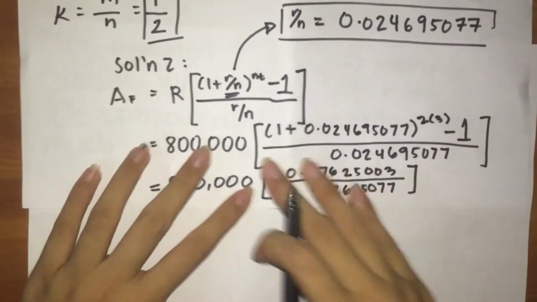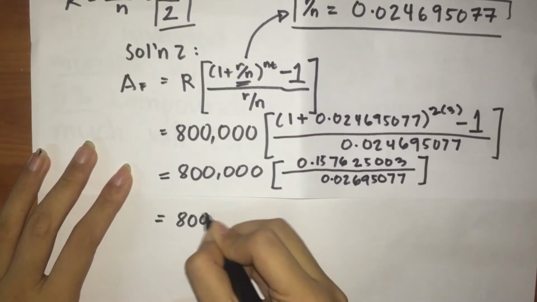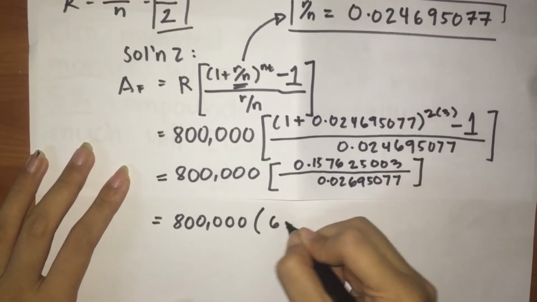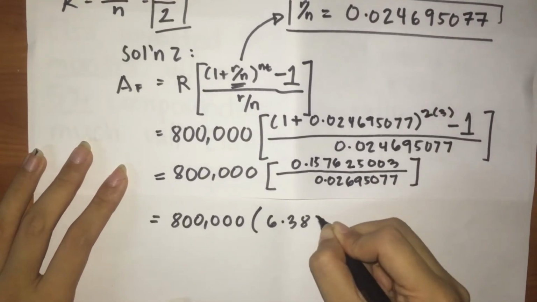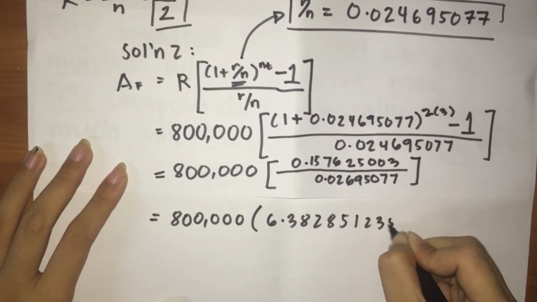And the answer in the bracket, you input that in your calculator, that would be 6.382851235.